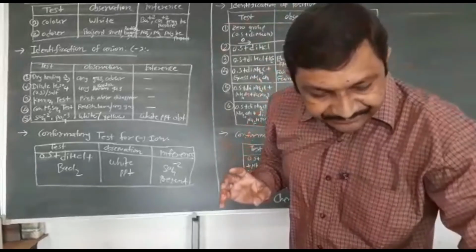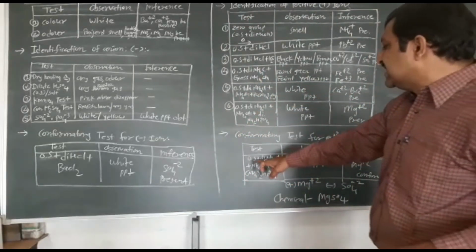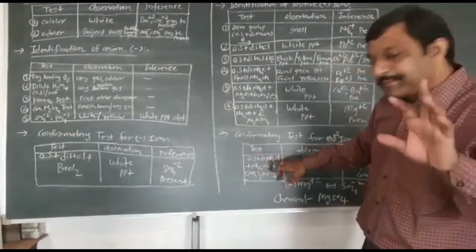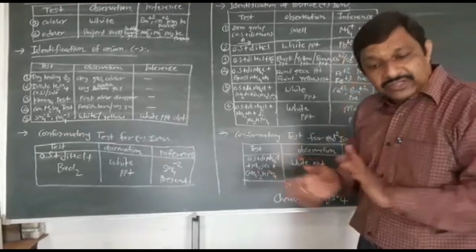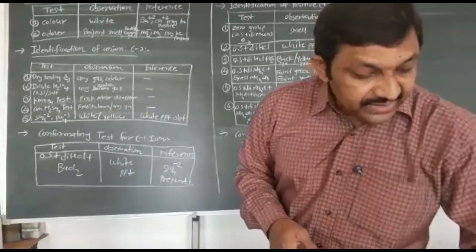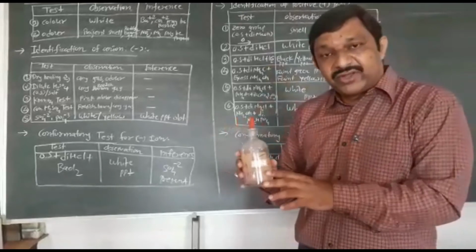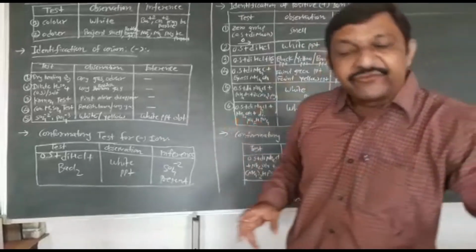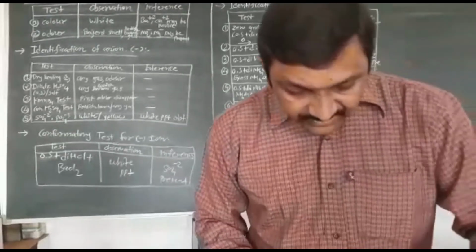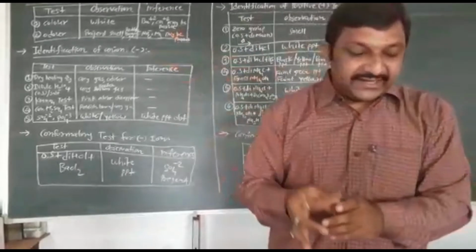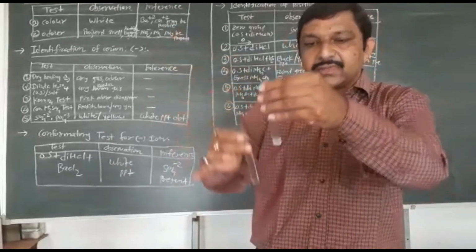Okay. Now for the confirmatory test of Mg plus 2, here is OS plus NH4Cl plus NH4OH plus diammonium hydrogen phosphate. Clear? So look here. Here is ammonium phosphate solution, ammonium diphosphate solution. Now first of all, here is my blank test tube. Okay, I will take OS first.